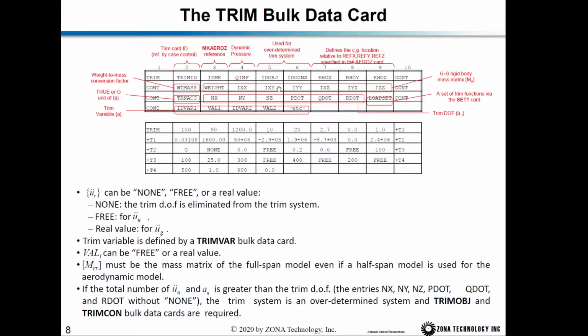Then you count all the free entries, including the trim degrees of freedom and the trim variables, and if the free count is also 5, then this is a determined trim. If the free count is over 5, then this is an overdetermined trim. And for overdetermined trim, you need to specify the trim OBJ and trim constraint.